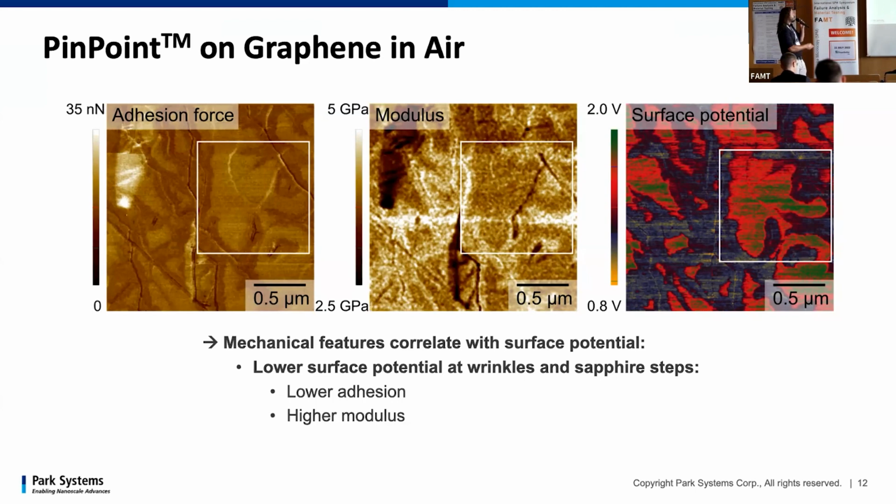As for the quality of the mechanical data, we can choose between different models to calculate the elastic modulus. We have the JKR model, as you're well aware, the Hertz model for very hard and rigid surfaces, and the DMT model for materials that have a stiffness between 1 gigapascal and I think 10 gigapascal.